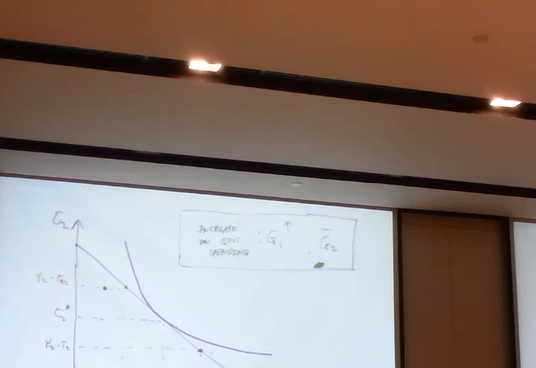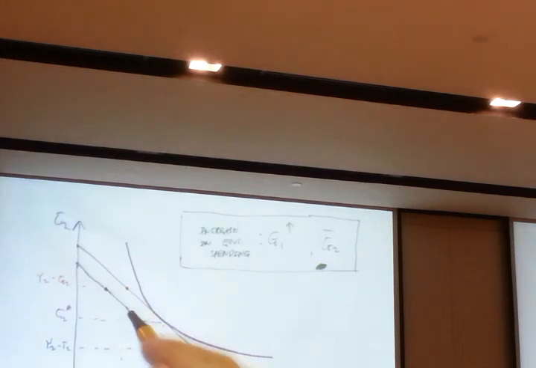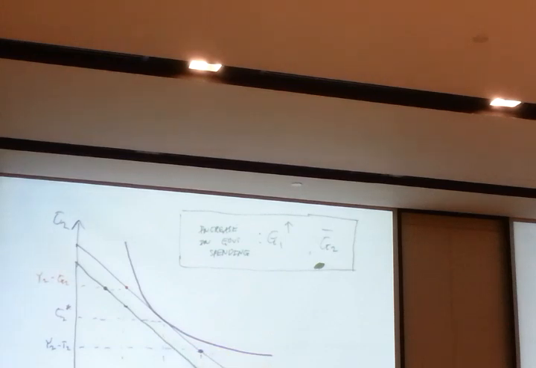Now, where is the budget line now? It has to pass through this point, so it's shifted. It's going to be a parallel shift because the gradient is just the interest rate. There's no reason for that to change here.